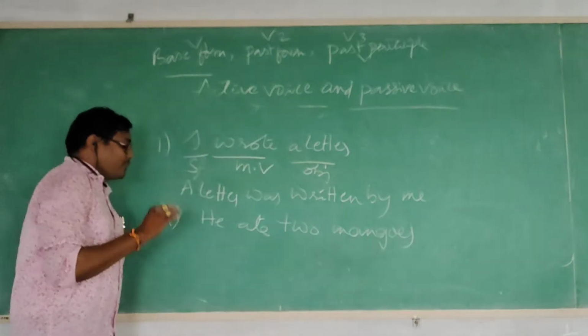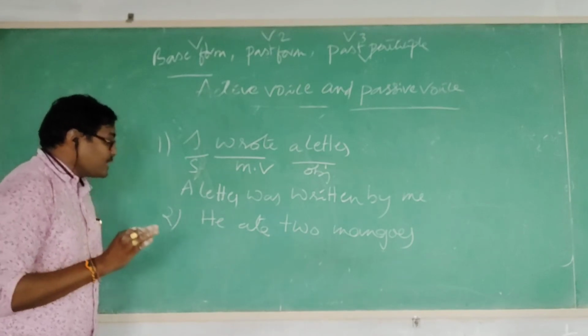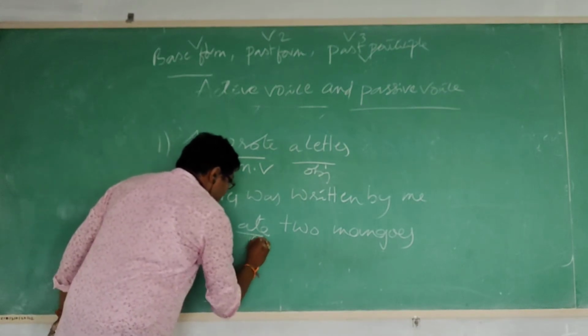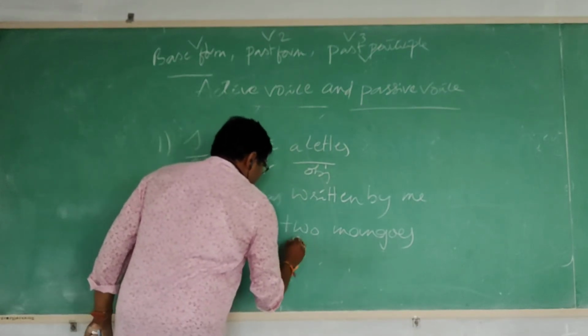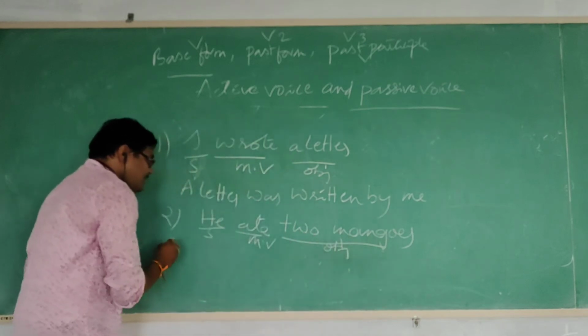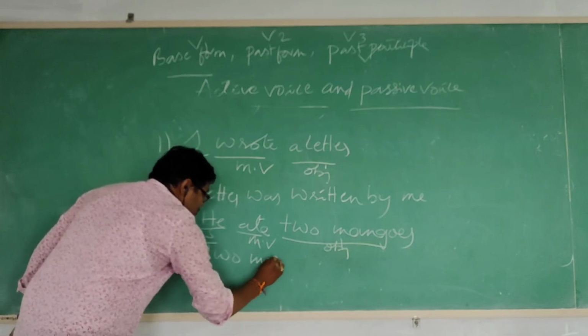Right? Now, in this sentence, we can see that this is the subject, this is the main verb, and this is the object.